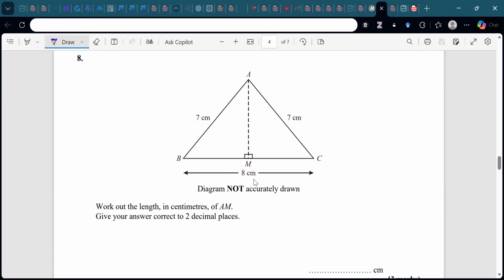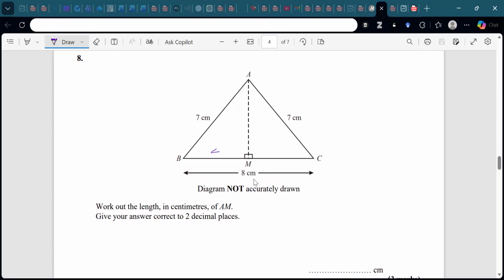So what we are mindful of is based on the fact that this side is 7 and this is 7, which is two sides of the triangle already. Once we have a triangle with two sides being equal, we know we're working with an isosceles triangle, right? And if this is the altitude of the triangle, then it means it splits the base into two equal halves.